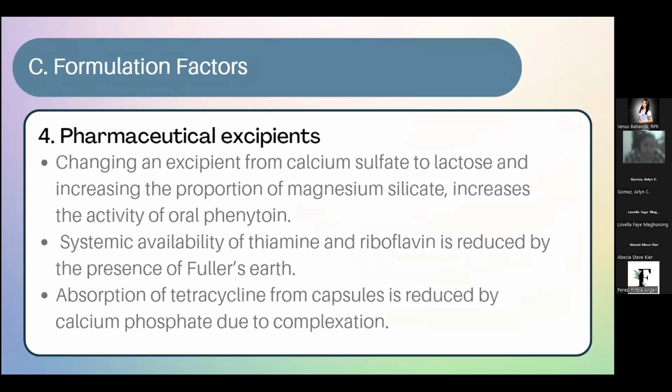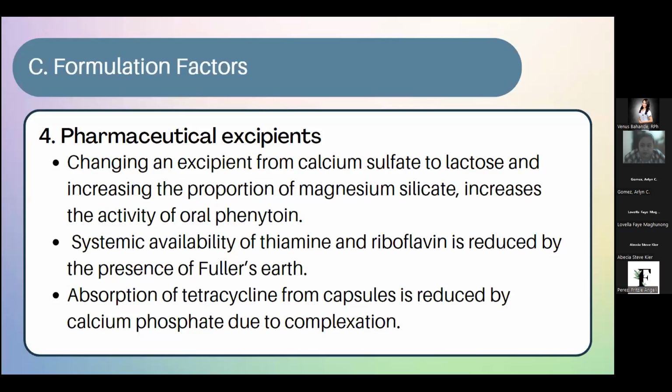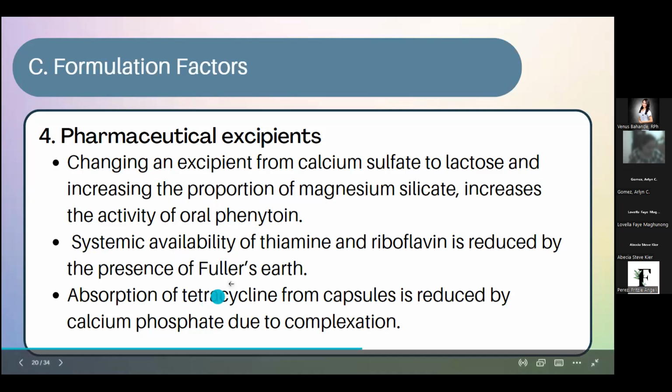And next is the pharmaceutical excipients. Changing an excipient from calcium sulfate to lactose and increasing the proportion of magnesium silicate increases the activity of oral phenytoin. It would also depend on the pharmaceutical excipients, and systemic availability of thiamine and riboflavin is reduced by the presence of fuller's earth.